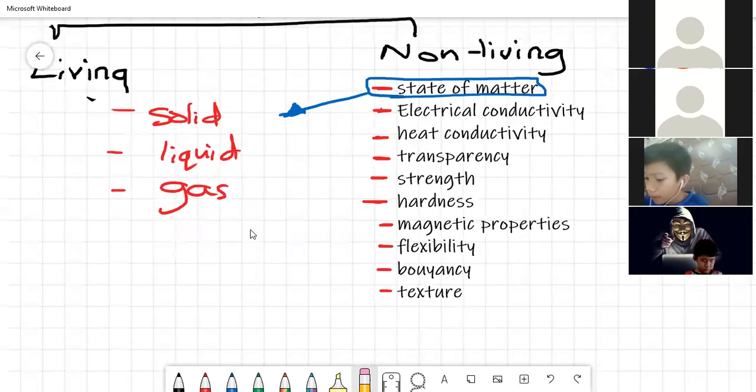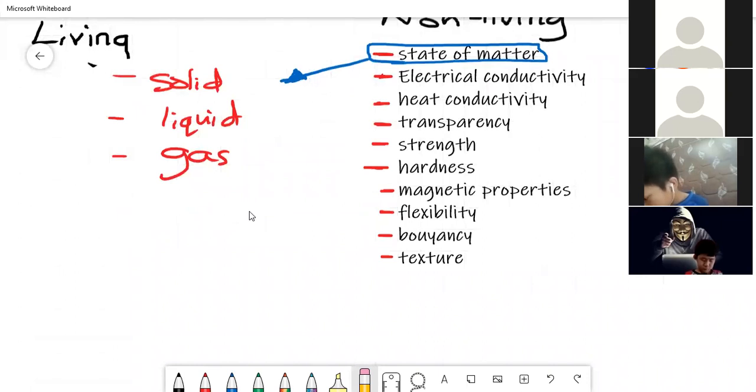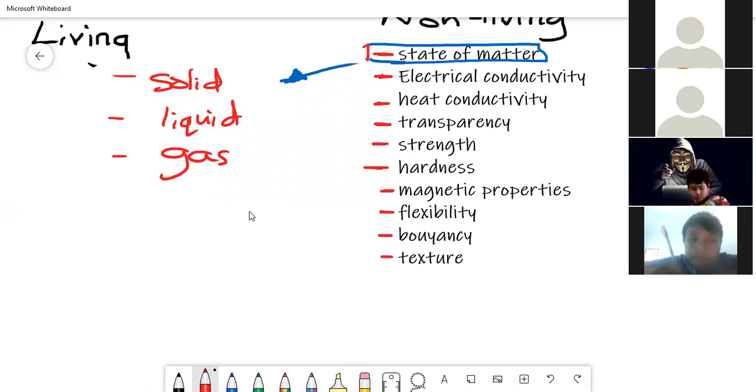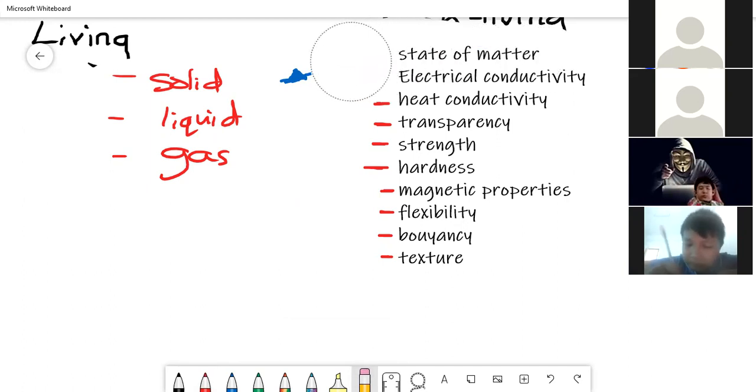How many things do we have there? Look at this one, color green, state of the matter. Page 48, below.